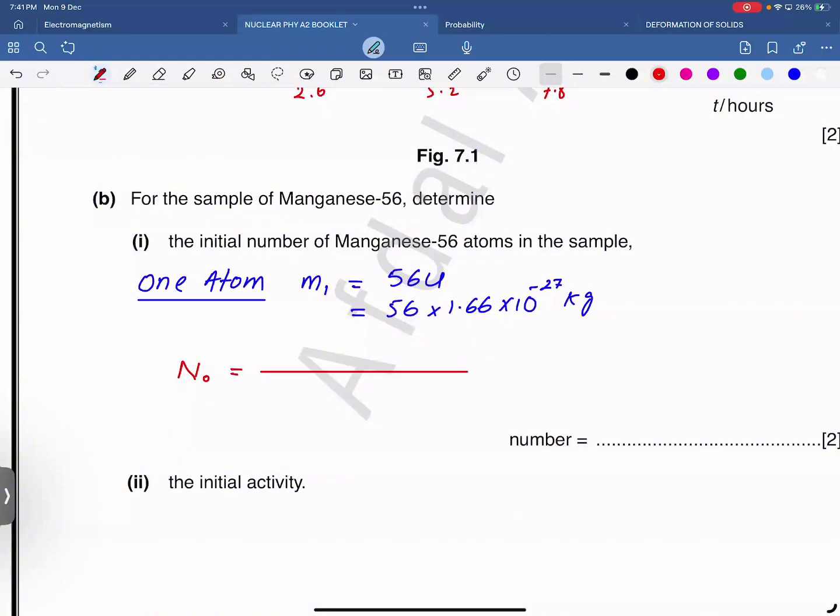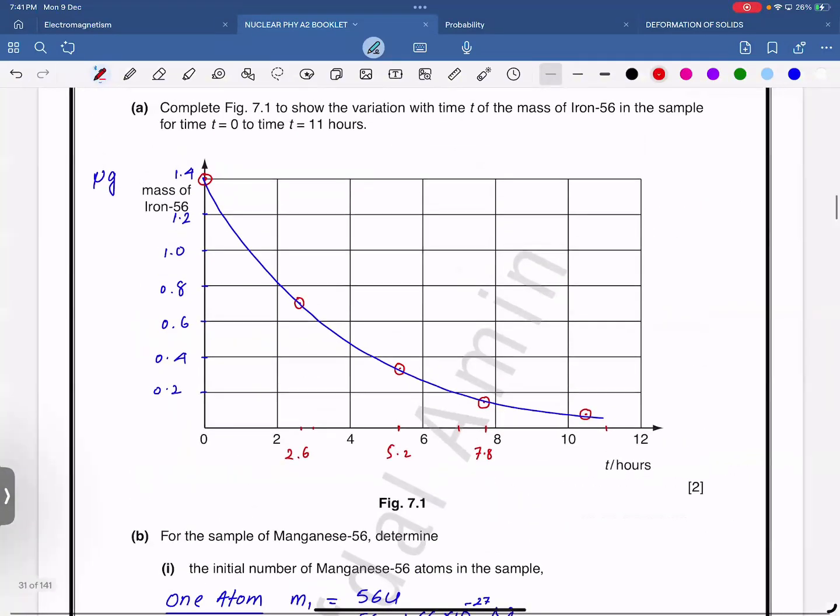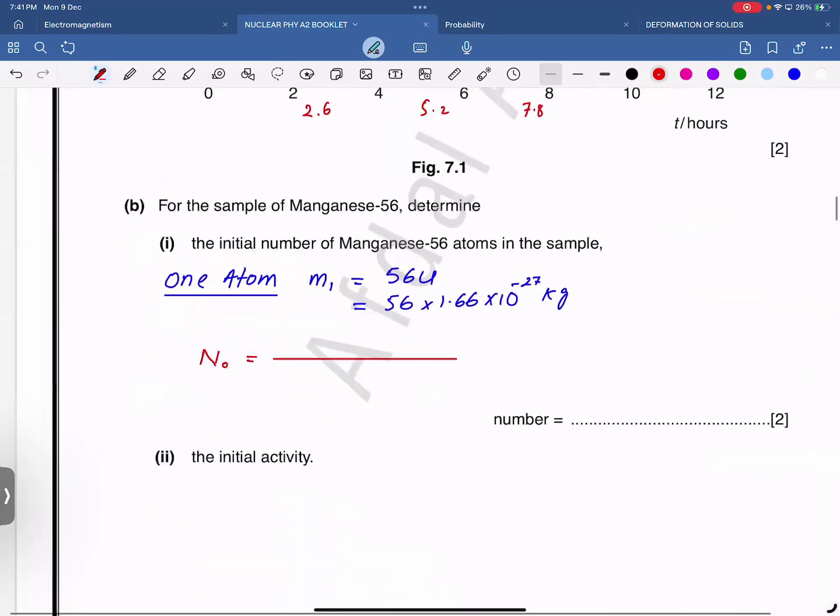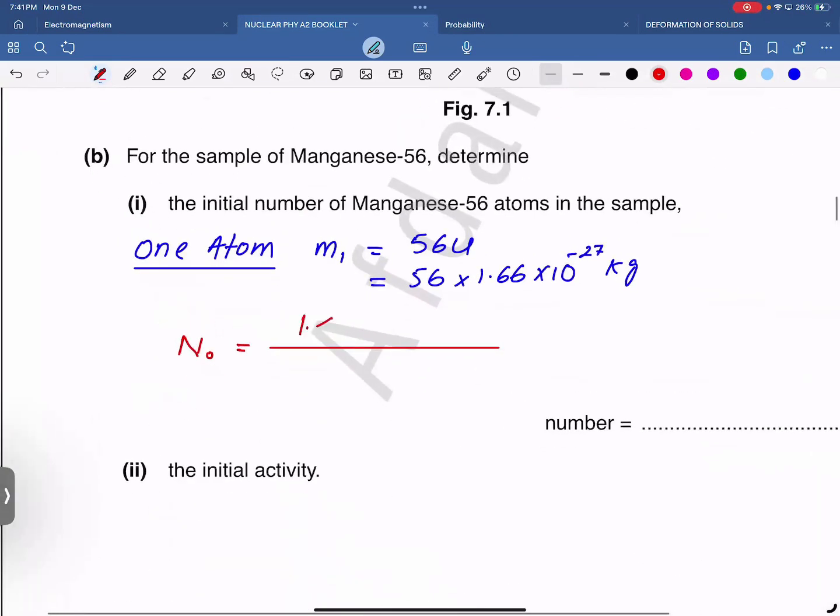So you want the number of atoms. The total mass, how much did they give you initially? 1.4 micro, which means 10 power minus 6 grams; gram to kilogram means 10 power minus 3 kilograms. That is the initial mass. Make sense, students? This is the total mass divided by the mass of one atom: 56 times 1.66.